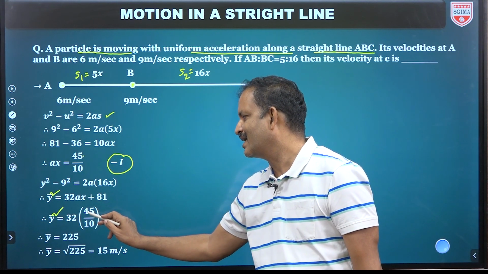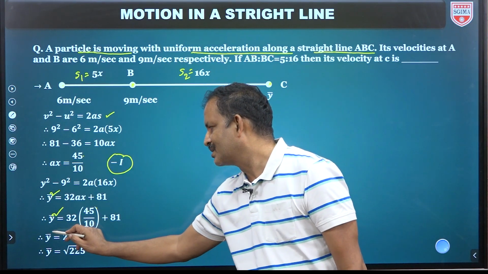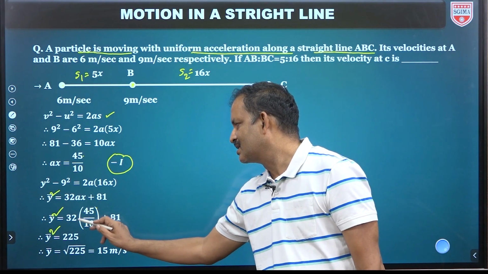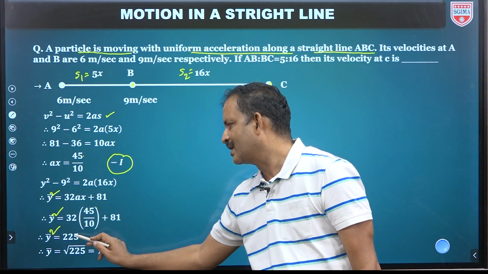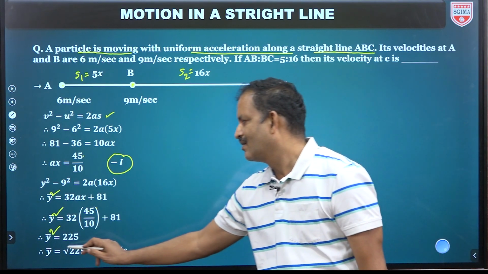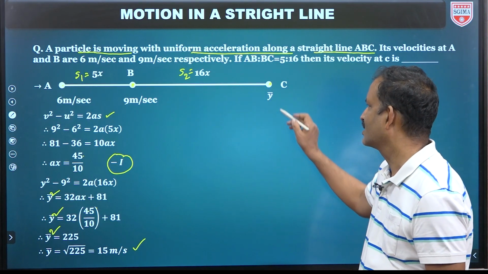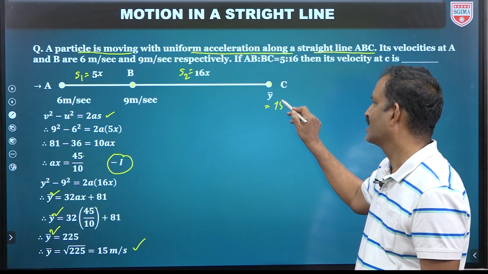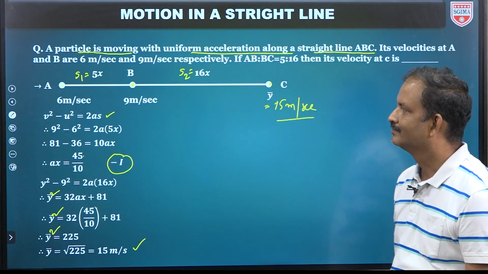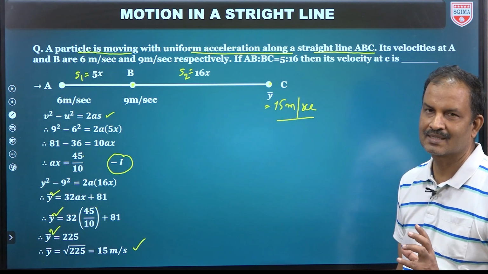From 1 we can write ax is 45 by 10, plus 81. Then if you simplify this one, y square you will get 225. Then y value is root of 225, that is 15 meters per second. So, here you are getting 15 meters per second. I am just using the formula v square minus u square is equal to 2as.